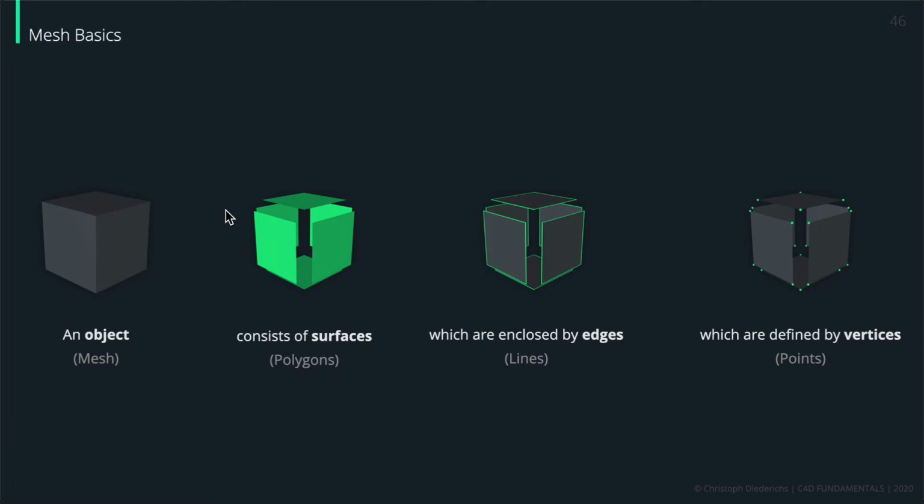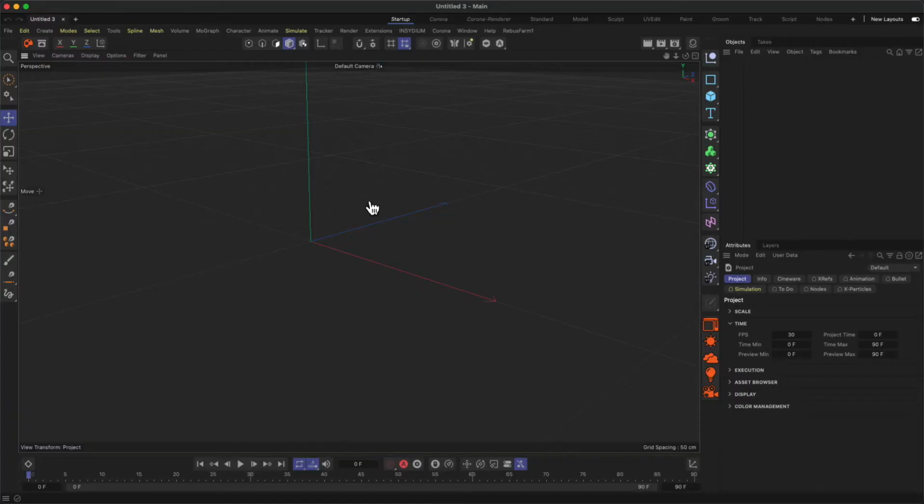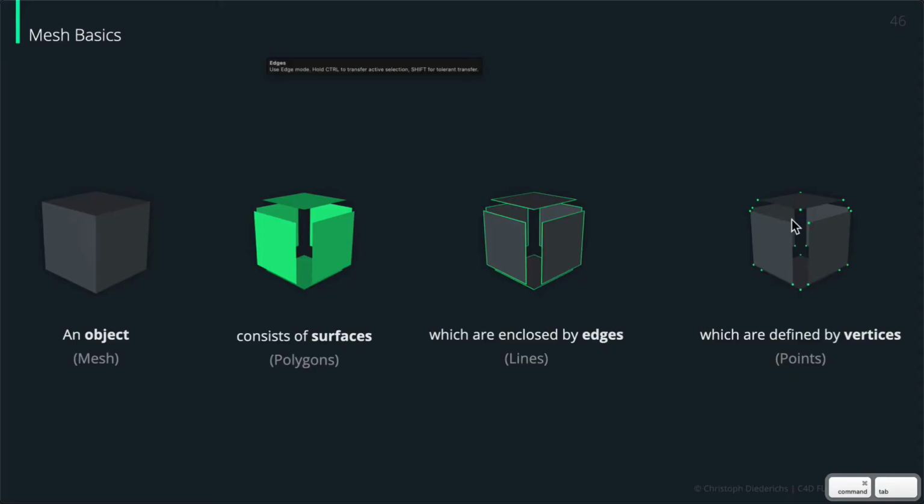And if you remember, last time when we spoke about the different modes we have inside of Cinema 4D, we have the object mode, the surface mode, the edge mode, and the point mode. This is exactly this kind of thing, so that you have all these separate ingredients, and we want to have access to them to transform or change the appearance of our objects.